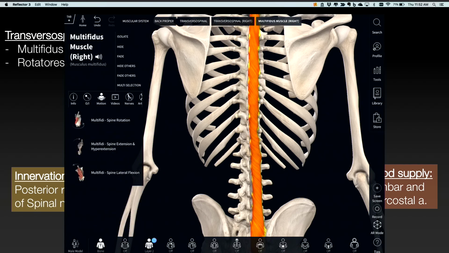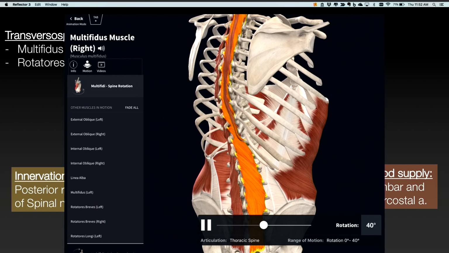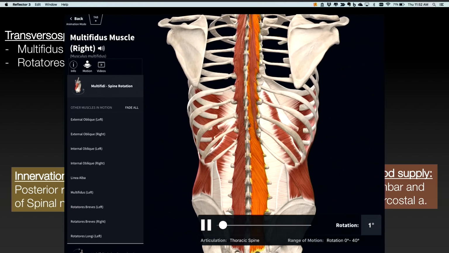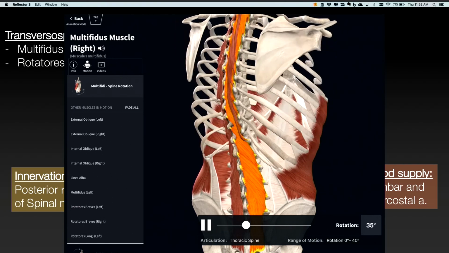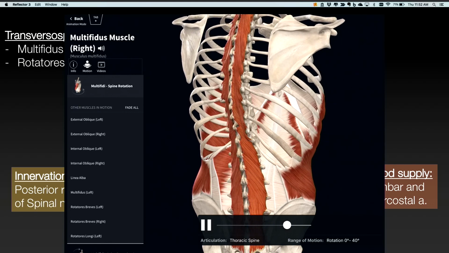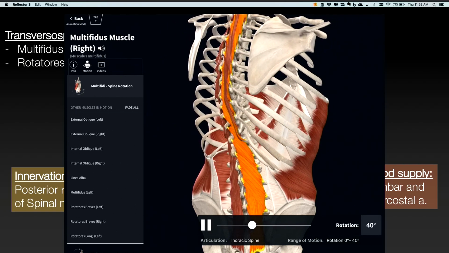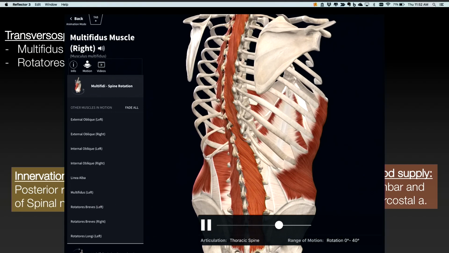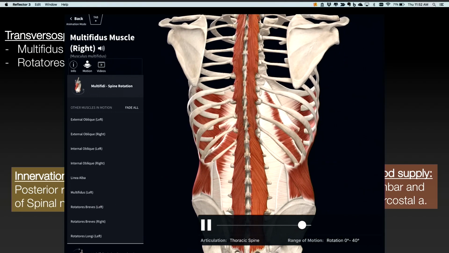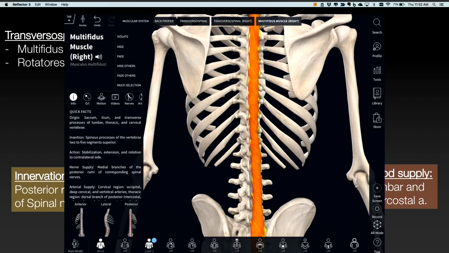Actions of multifidus, partly rotation, partly extension, partly lateral flexion, so it's kind of a jack of all trades. Normally the muscle will highlight when it's contracting, but I really think this is backwards. Muscles only shorten when they contract, and so return to the midline would be contraction. I think the highlighting is off. Jack of all trades. Let's take a look at the nerves.